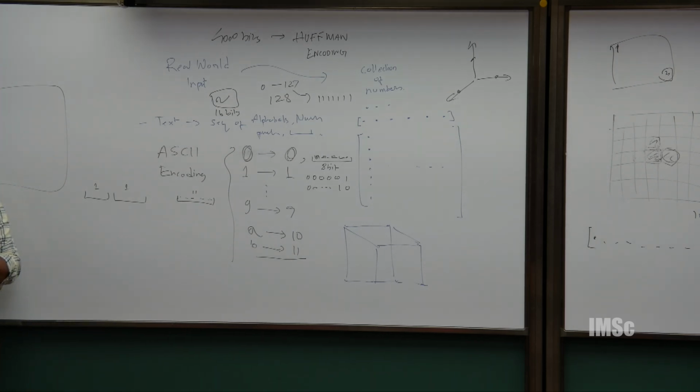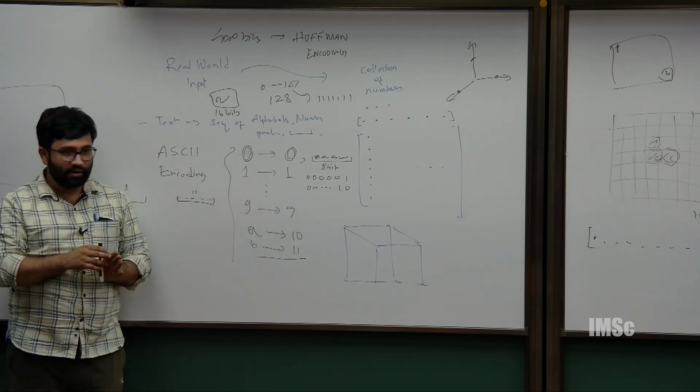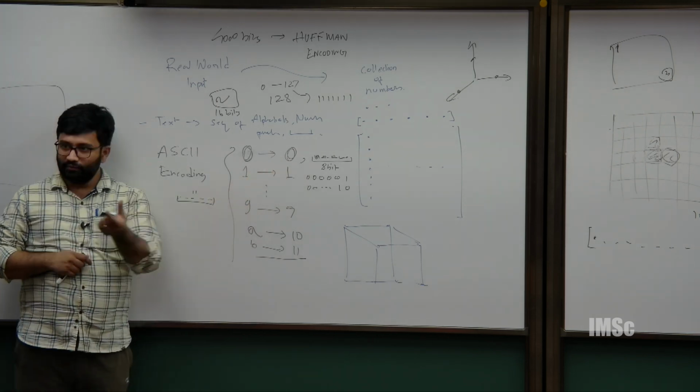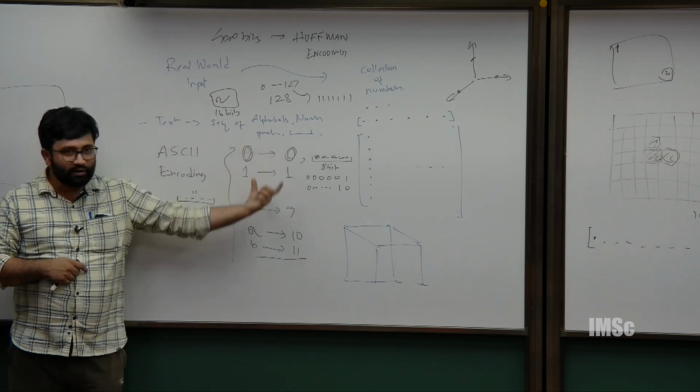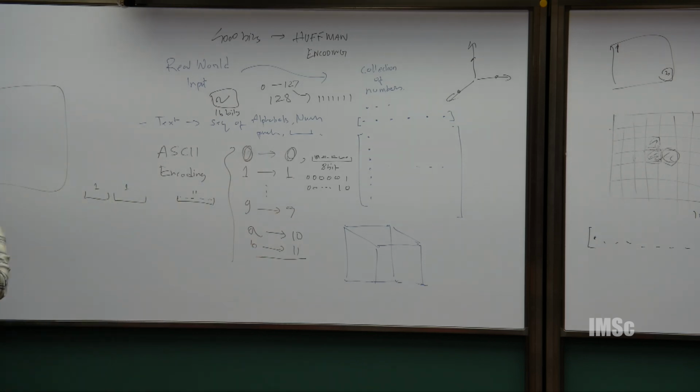What is the length of the block when you're reading? That's the point, right? So that's why this is a cleverer encoding. Here I always know that it should be 8 bits, so I can read the next 8 bits and the next 8 bits. But when you use variable length strings for different alphabets, then somehow your string itself has to have some property by which you can identify when it begins and when it ends.